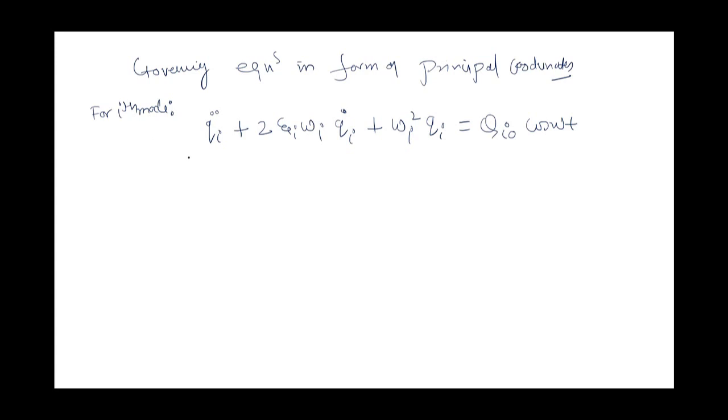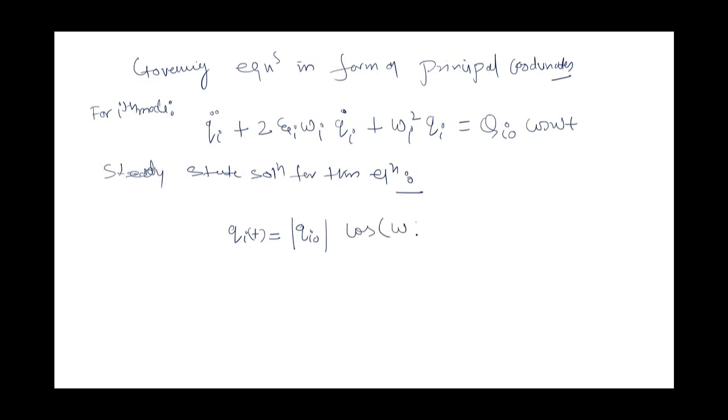So the steady state solution for this equation can be written as Qi(t) is equal to Qi naught, the amplitude, multiplied by cos(omega t minus phi i).